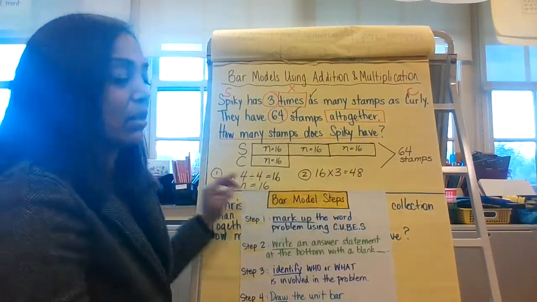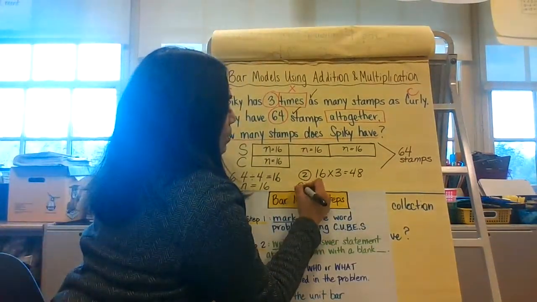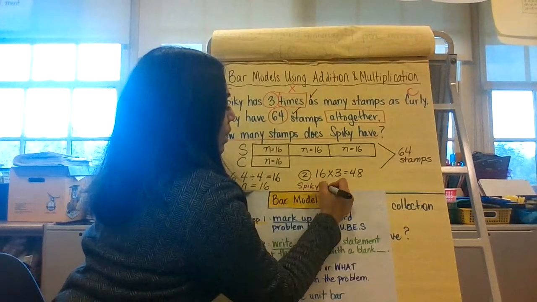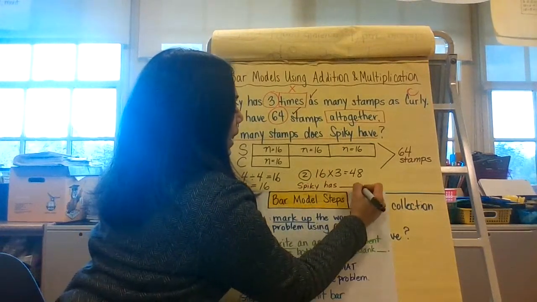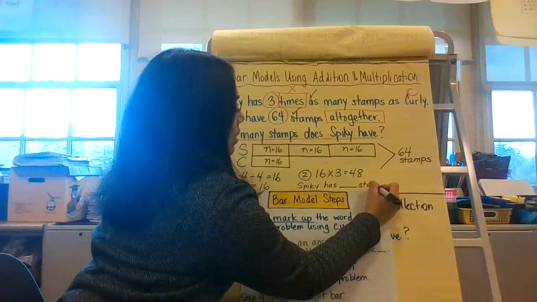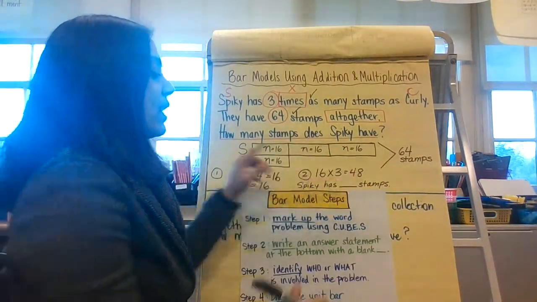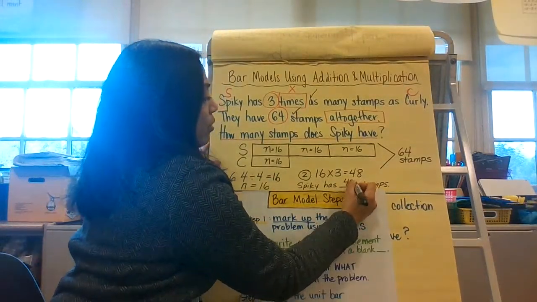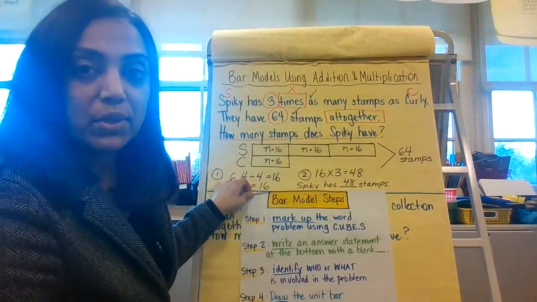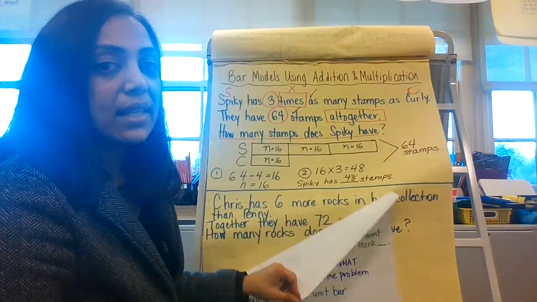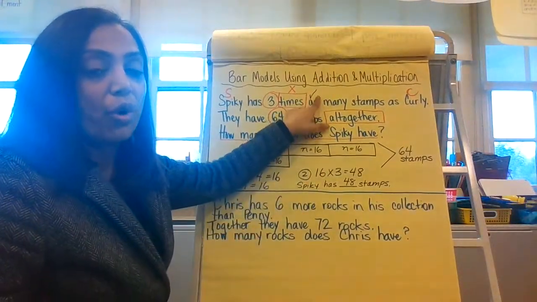I should have done that right in the beginning. So I should have said Spiky has blank stamps, right? And then now that I have the answer, I just fill it in. Spiky has 48 stamps. So that is how we use multiplication for bar models.